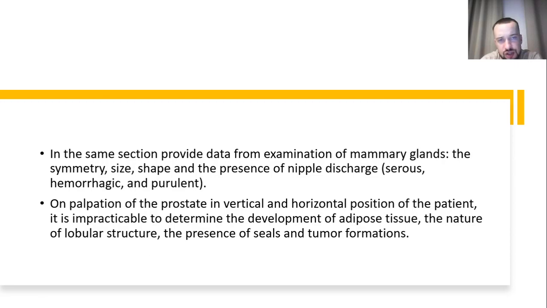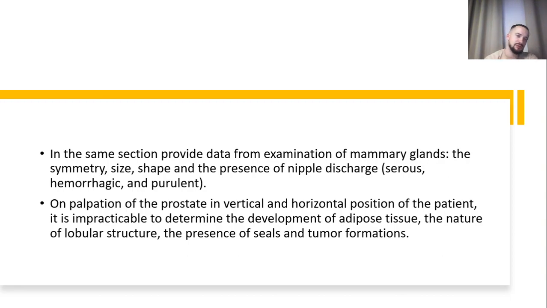In the same section, provide data from examination of mammary glands, the symmetry, size, shape, and presence of nipple discharge. On palpation of the prostate, in vertical and horizontal position of the patient, determine the development of adipose tissue, the nature of the structure, the presence of cells and tumor formation.